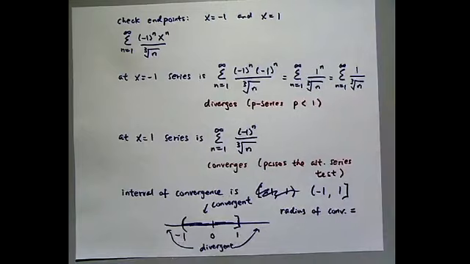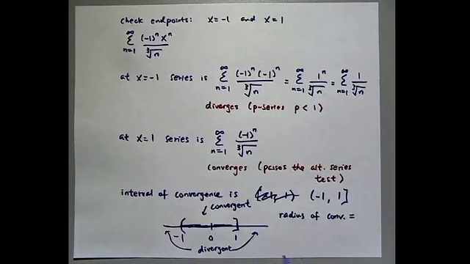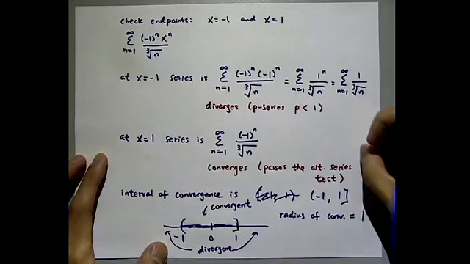So what's the radius of convergence then? From center to one of the boundaries is 1, right? So I can start from here. I can move to the right by 1 or move to the left by 1. So that's the radius of convergence. So that's 1.